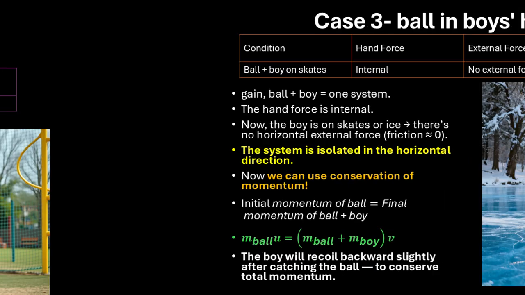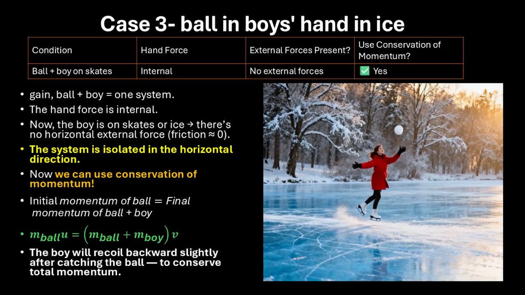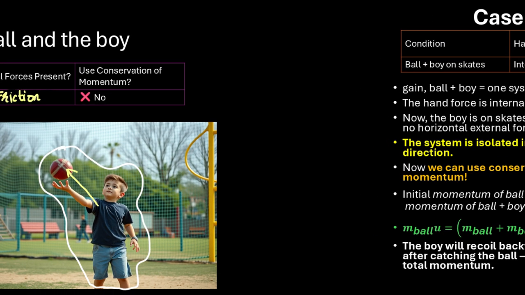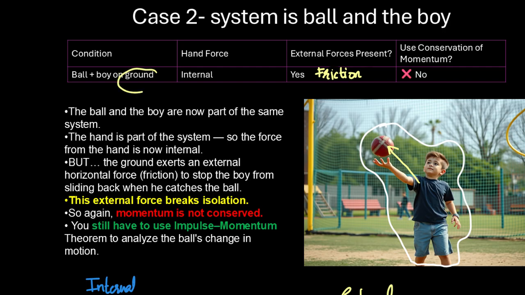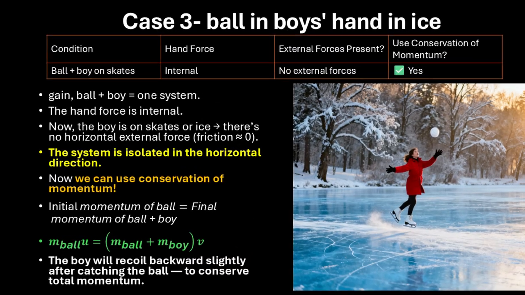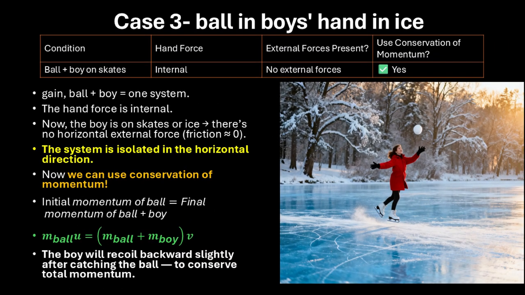And now comes the important one, which is case 3. The ball is in the boy's hand, but the boy is not on the ground, but is rather on the ice. So ball plus boy on skates, or ball plus boy on ice. And therefore the difference between ball plus boy on ground and ball plus boy on skates.